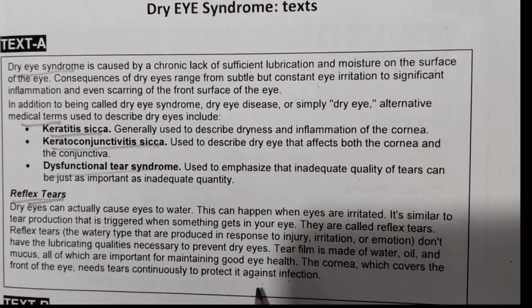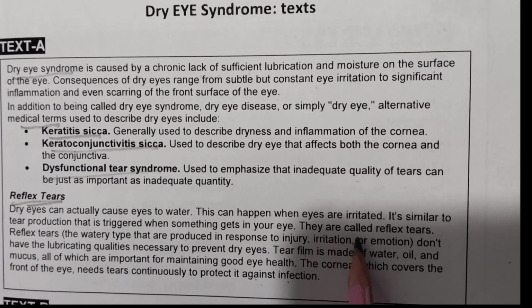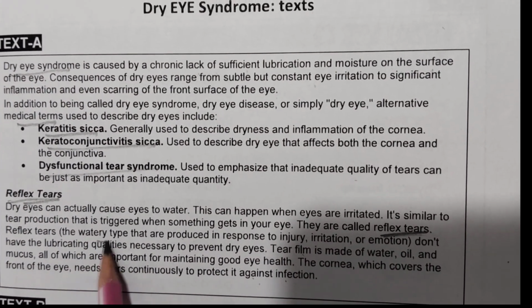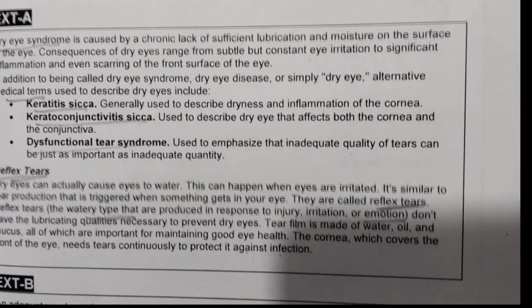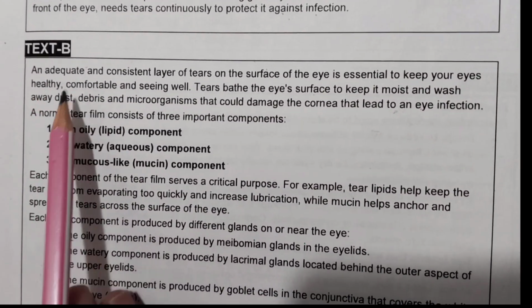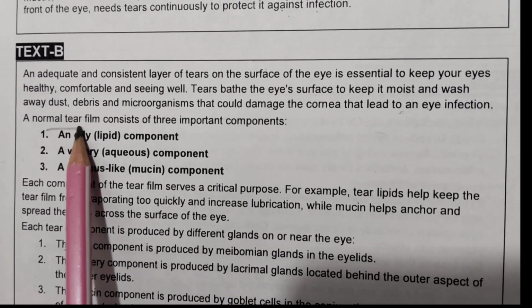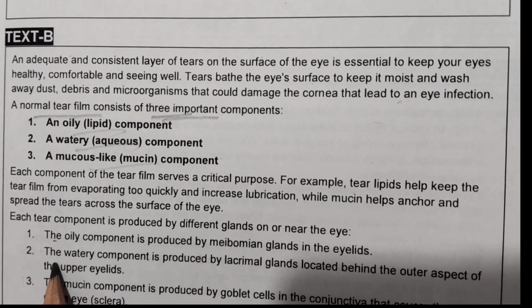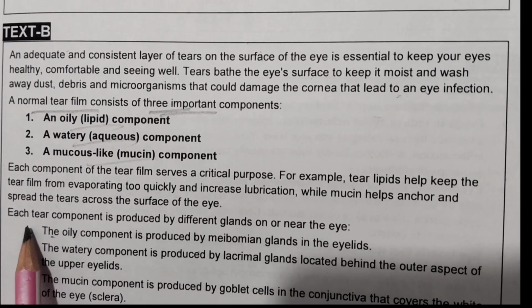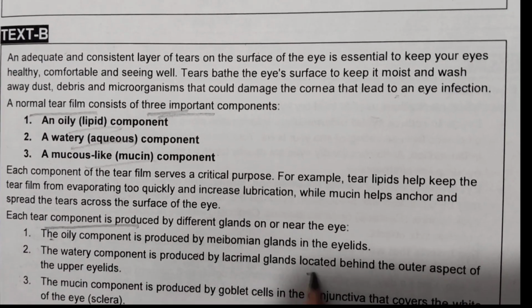Reflex tears, okay, any number mentioned or this type of bracket one is very important. After that move toward text B. Here are also normal films, three main components, all these we can underline, and also these points. Okay.